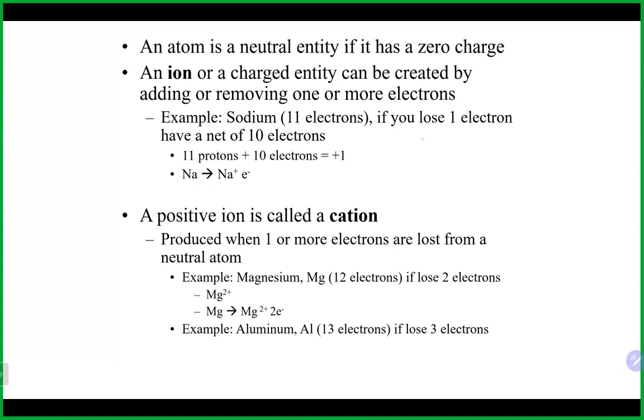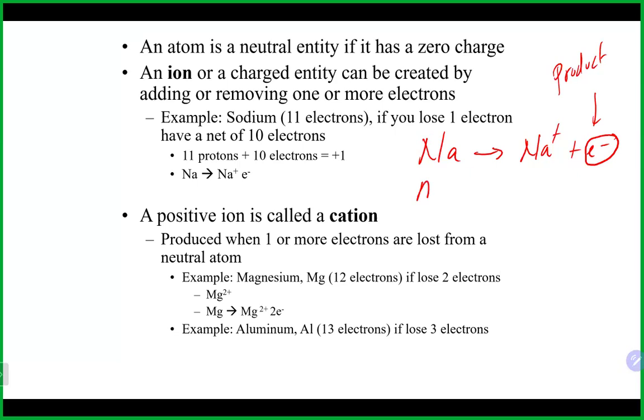So when we look at sodium, it will lose one electron, and when it does, it will give off one electron here on the product side. This is the way you could write an equation or reaction showing the sodium losing an electron. And typically the product side of the arrow, the right-hand side, is where we put those electrons.